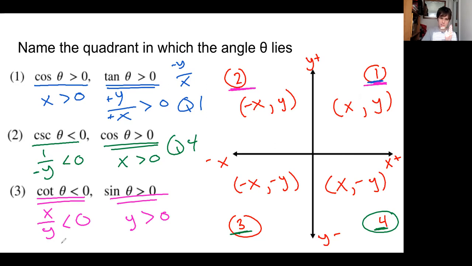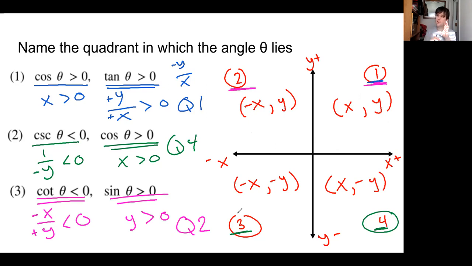Now between those, I need to figure out which one is going to have a negative cotangent value. Well, if y is positive, the only way this is going to be negative is if x is negative. If x is negative, that's quadrant 2. That's going to give us a negative divided by positive. So this one has to be in quadrant 2.